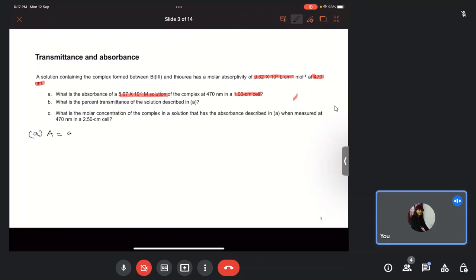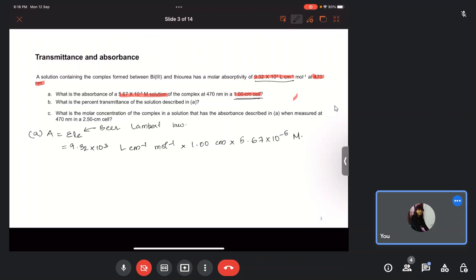So we know that absorbance is equal to epsilon LC. This is from Beer-Lambert law. And epsilon is molar absorptivity coefficient, which is 9.32 into 10 to the power 3 liter centimeter inverse mole inverse, and path length L of the light is 1 centimeter, into 5.67 into 10 to the power minus 5 molar.